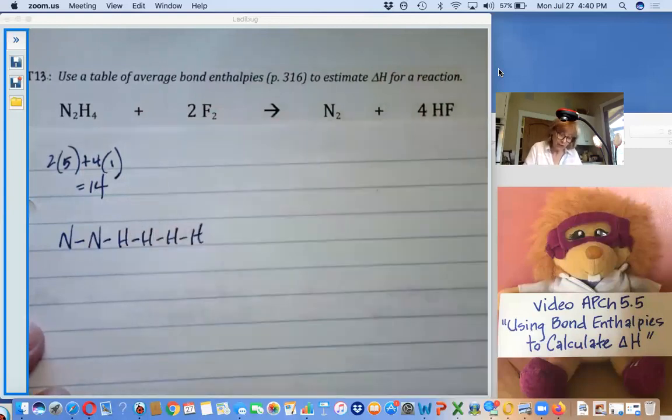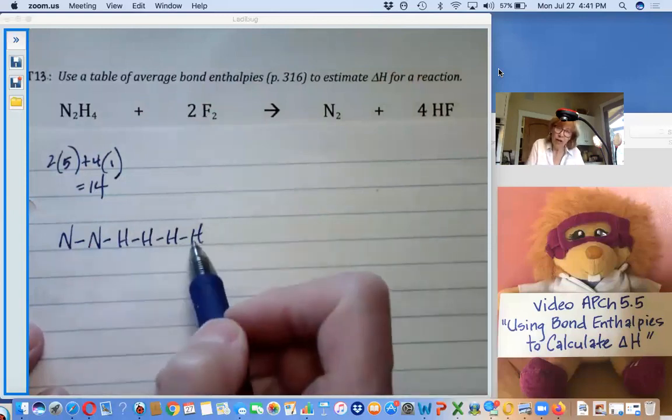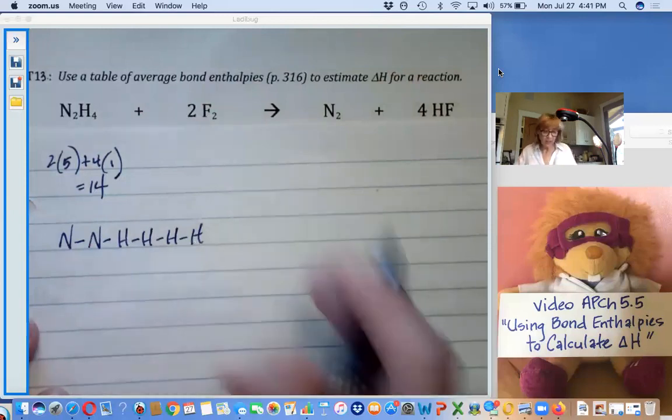I want to remind you from our Lewis structure lesson, hydrogens are unique in that they only form one bond. They never have non-bonding pairs. They never have two bonds. So you can never string hydrogens together like that.